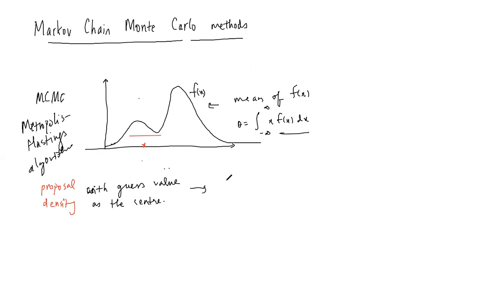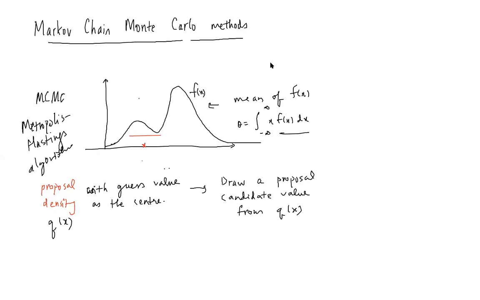After that, the next step is you draw a proposal candidate value from here. So usually people will denote this with Q, Q of x. Okay. So you draw a value from here.